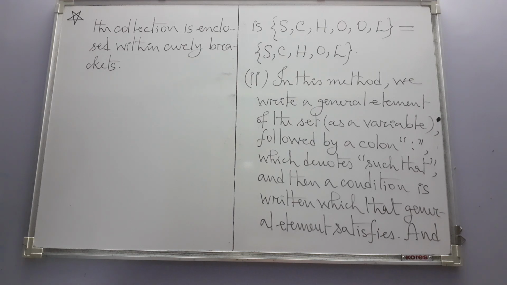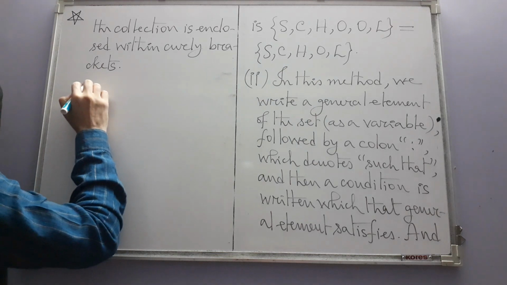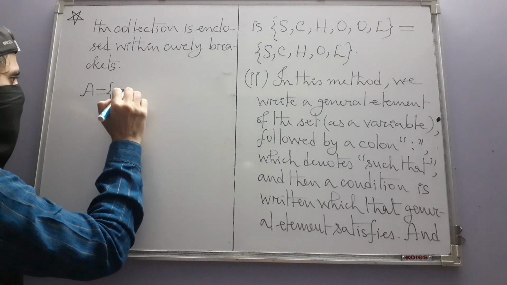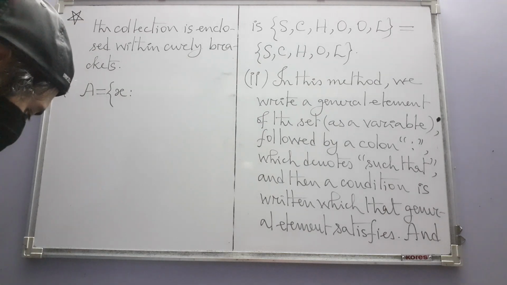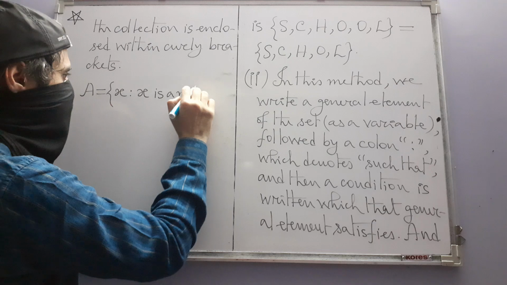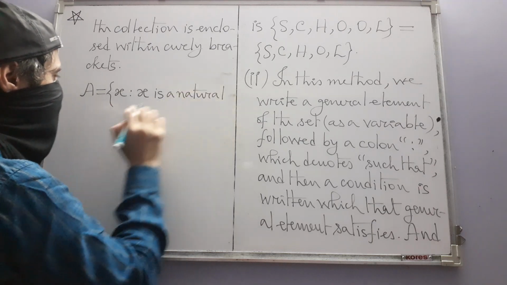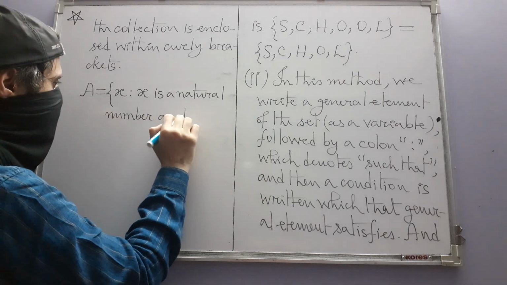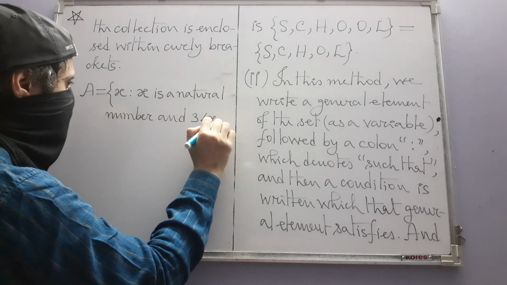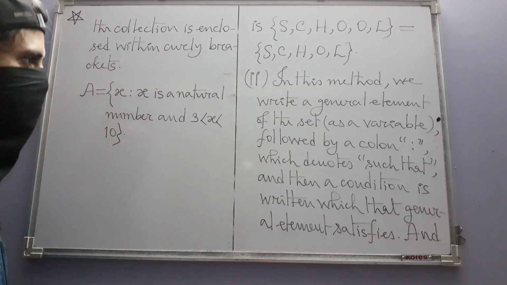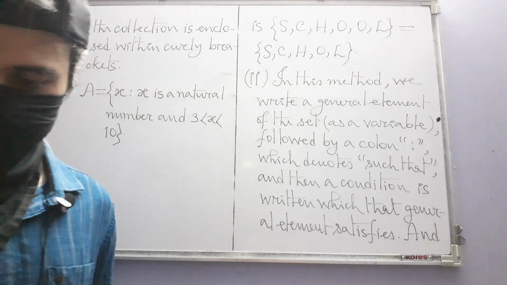So the first one is, let me first write the set and then we will see what it means. x is a natural number and 3 is less than x and x is less than 10. Alright.